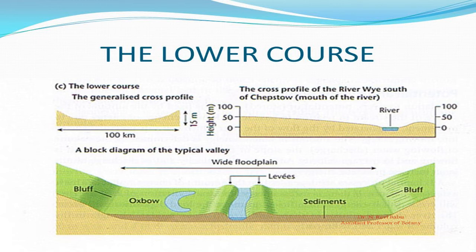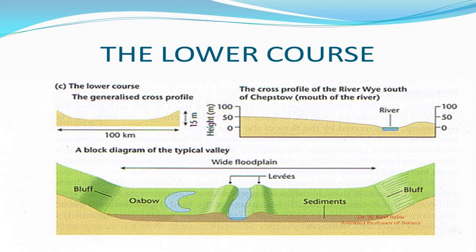In the lower course of a river, a meander becomes much more pronounced. The outside bend or concave bank is so rapidly eroded that the river becomes almost a complete circle.